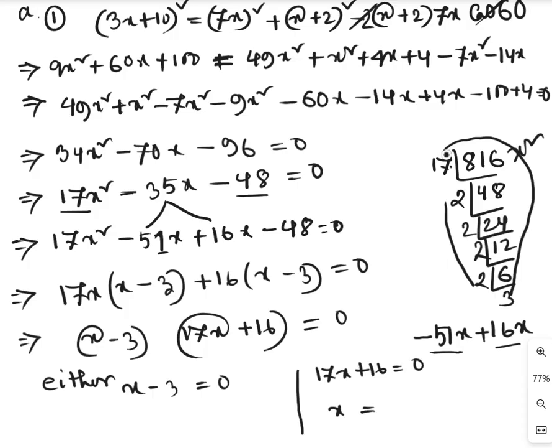So x is equals to minus 16 by 17. As it is length, this is not possible because the length is always positive. So x is equals to 3, right?